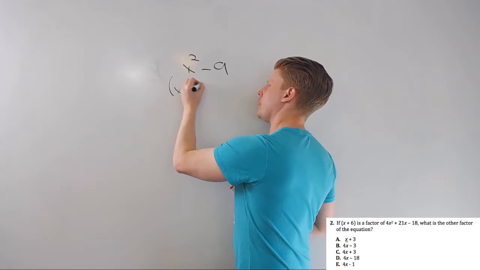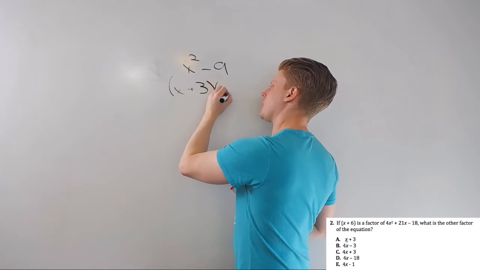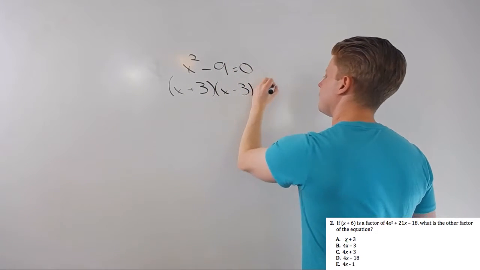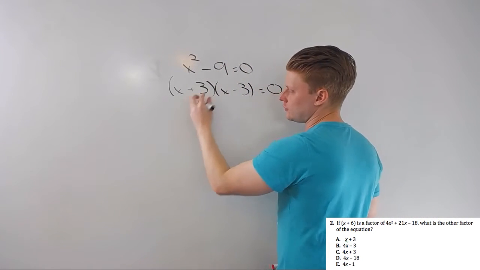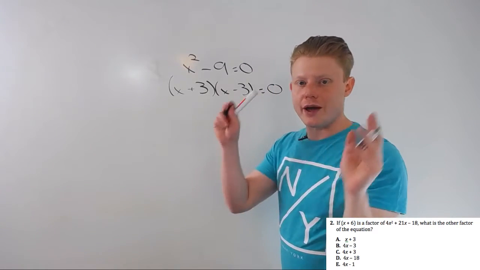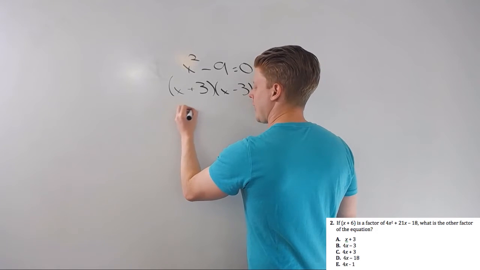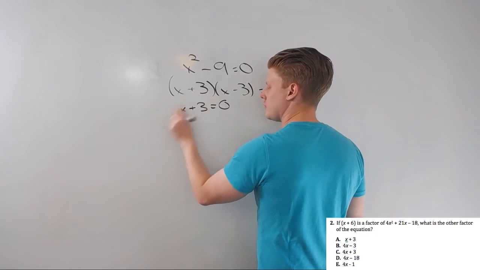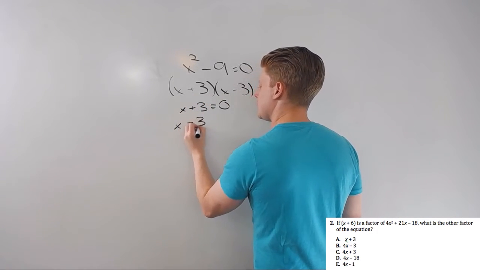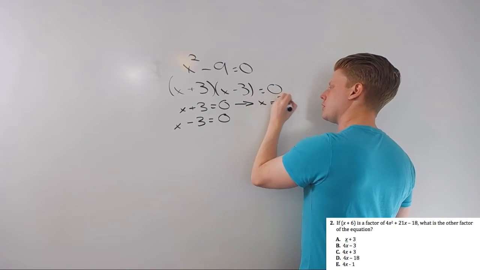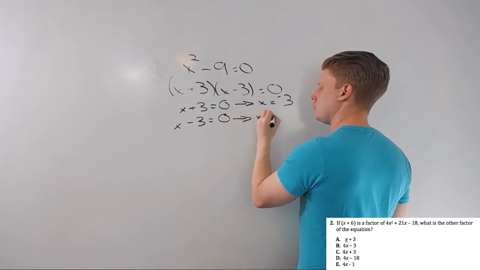Square root plus square root times square root minus square root. Let's go ahead and set these equal to 0, giving me solutions that have the same absolute value, on opposite sides of the number line. So you have x plus 3 equals 0, x minus 3 equals 0, or x equals negative 3, x equals 3.